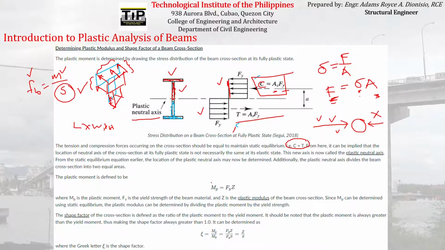The plastic moment is defined to be equal to this. Yan. So that is the formula for finding the plastic moment, which is the moment that cause the whole cross-section to experience a constant magnitude of stress equal to Fy. So sa nakuha yan, galing lang din yan dito sa bending stress formula.